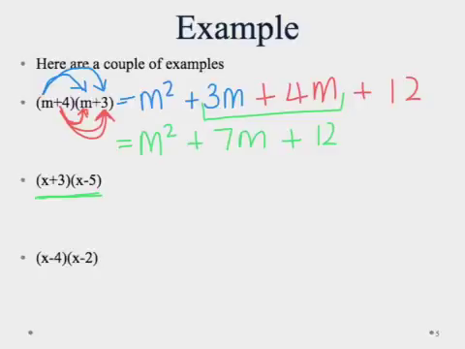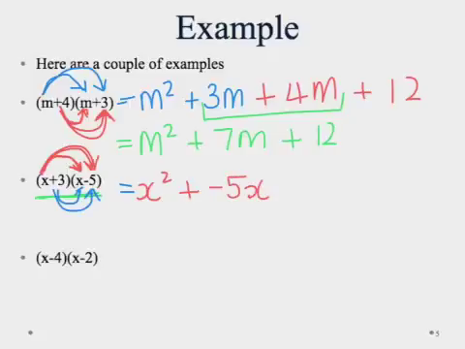Right, let's have a look at this. We've got x times x and x times minus 5, and we've got 3 times x and 3 times minus 5. Let's see how we go. We've got x squared, which is x times x, and x times minus 5. So x times minus 5 is minus 5x.